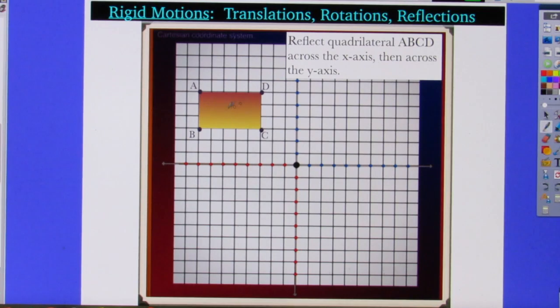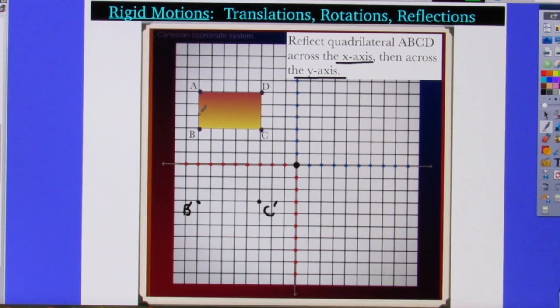Here it asks me to reflect this one across the x-axis, then across the y-axis. So I've got to do this twice, simply. I've got to be careful to decide which way first. This is my x-axis, so I'm going to reflect down here into the third quadrant. C is 3 above, so 1, 2, 3 below for C prime. Same thing for B, 3 above, so 1, 2, 3 below for B prime.